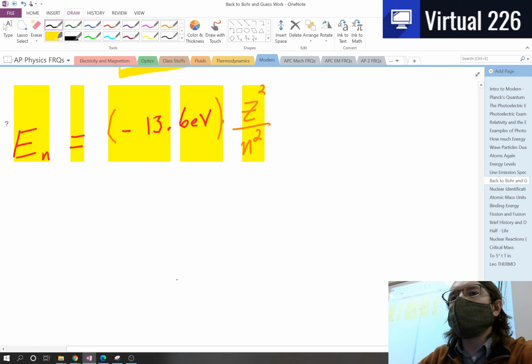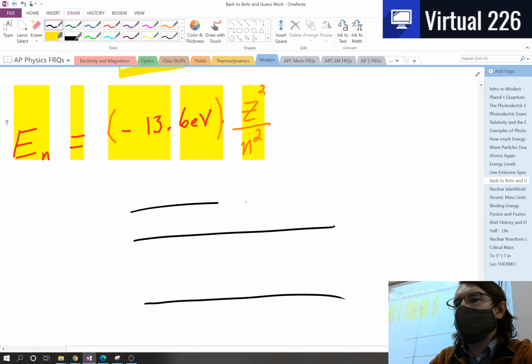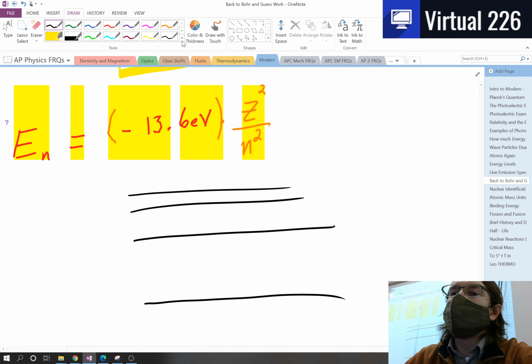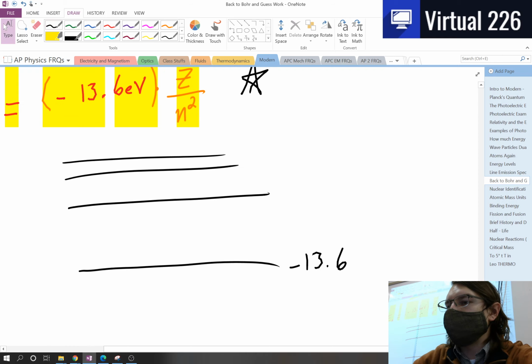So, those diagrams where we had a hypothetical atom with levels like 6, 3, 1, and then 0, we use this equation to build these for actual elements. So for something like hydrogen at energy level 1 in the denominator, this would be negative 13.6 down here.